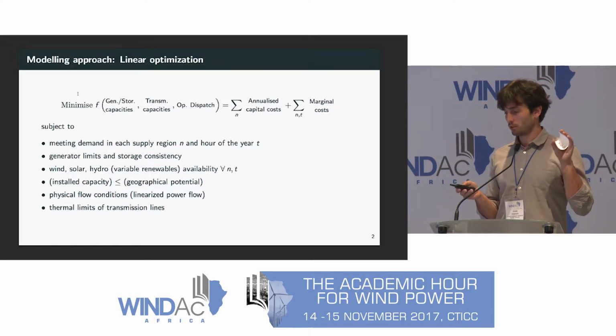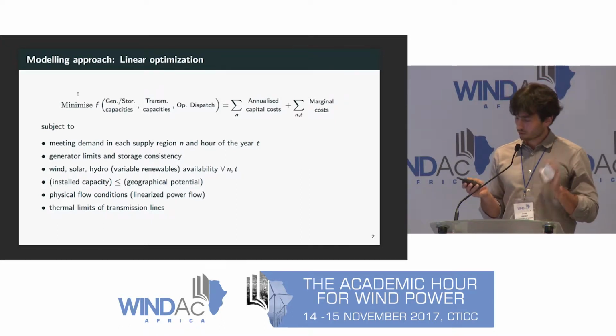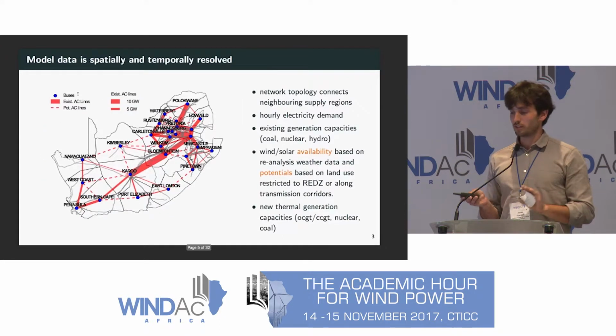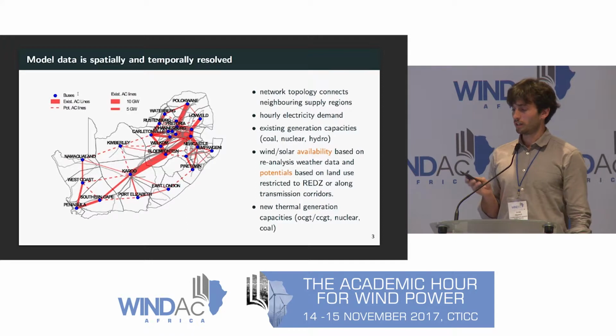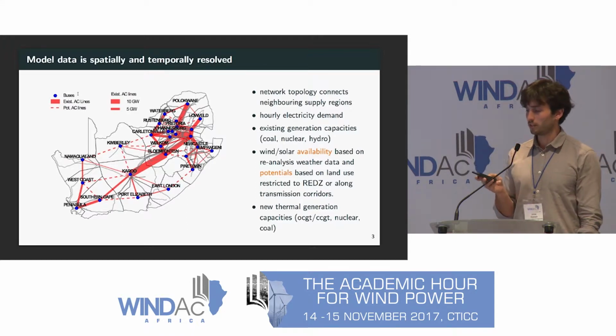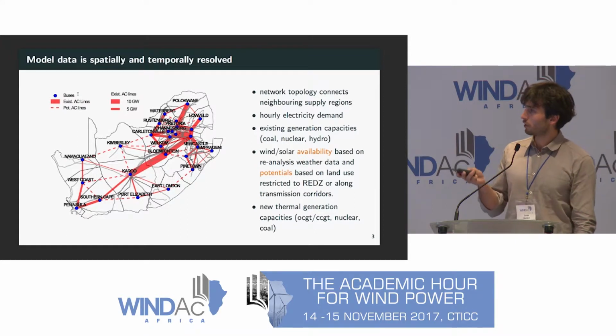So you have to get quite a lot of data first, which the CSIR was nice enough to make available to me. And the system which we're looking at, on the spatial scale, looks a bit like that.